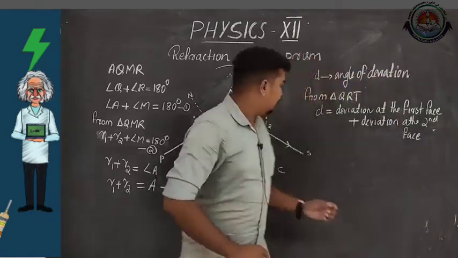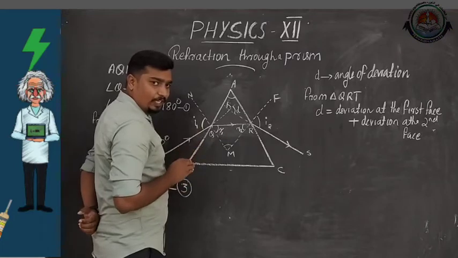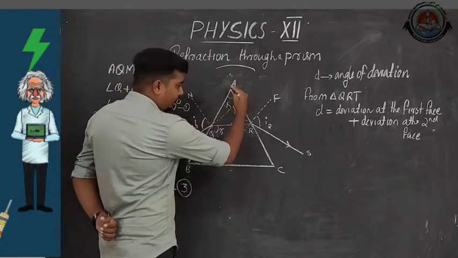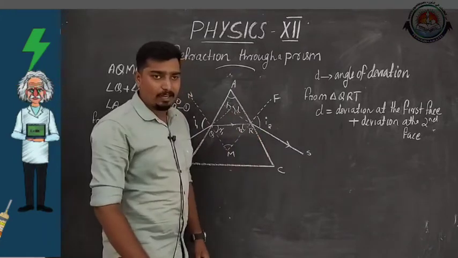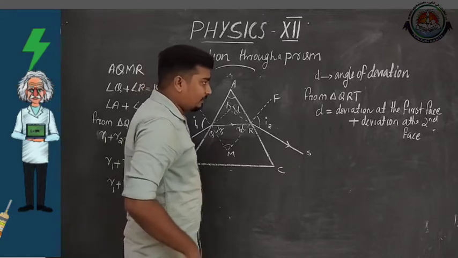Okay, here this D means the angle of deviation, that is, the angle of deviation in the first phase and the angle of deviation at the second phase.